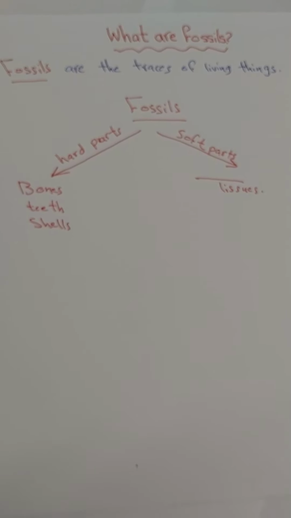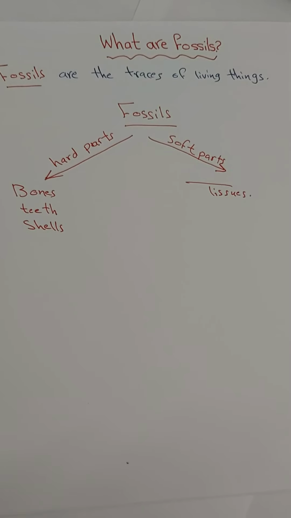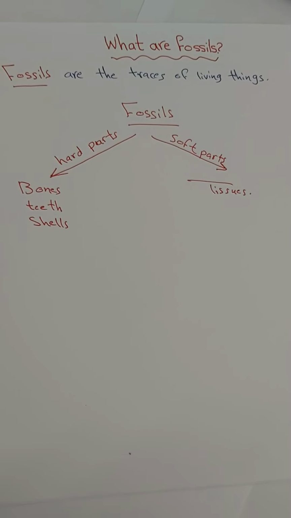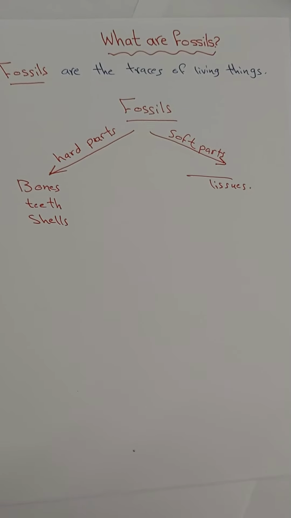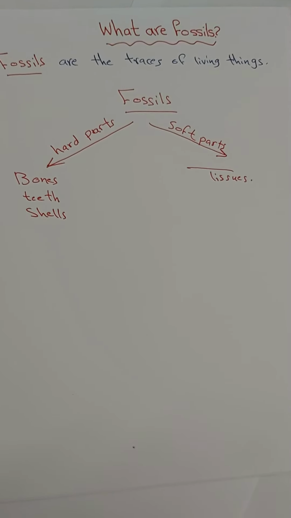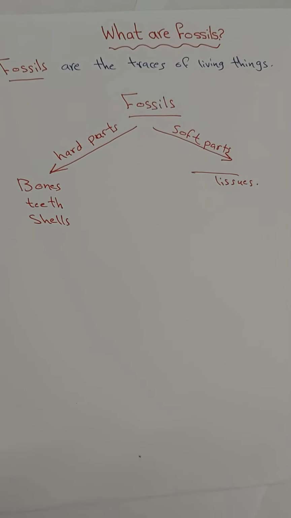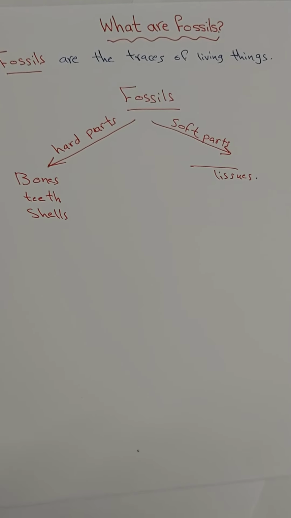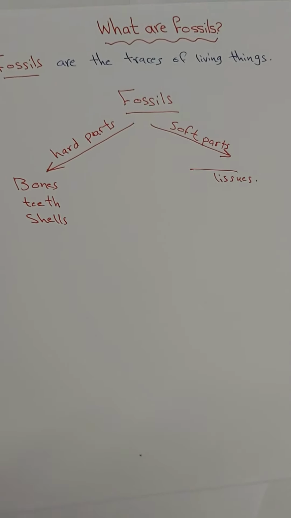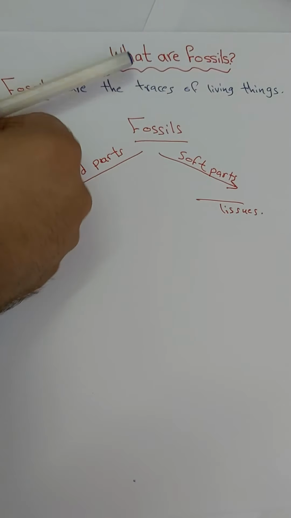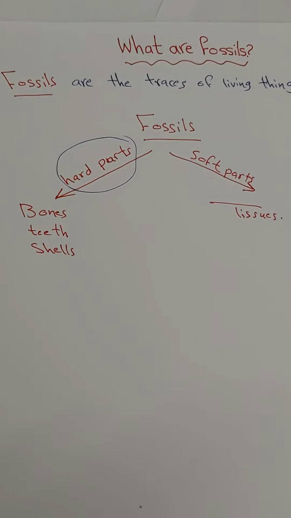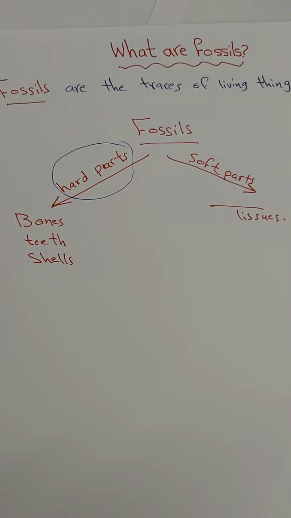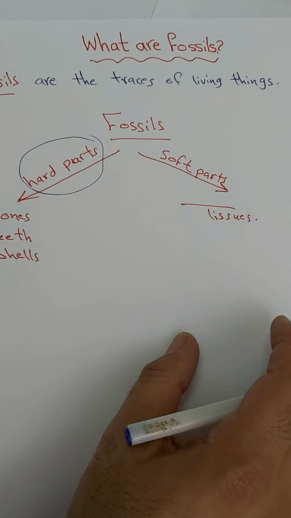Okay, so fossils are the traces of living things, and these fossils can be made of an organism's hard parts like bones, teeth, and shells, or by soft parts like tissues. But most fossils are made by hard parts, because of bones and teeth and shells. But soft parts, like what?